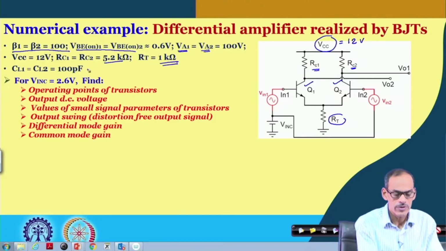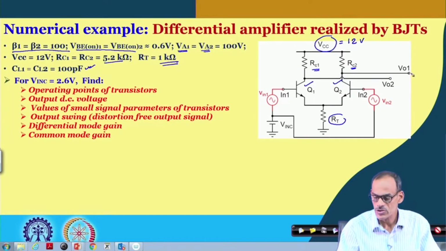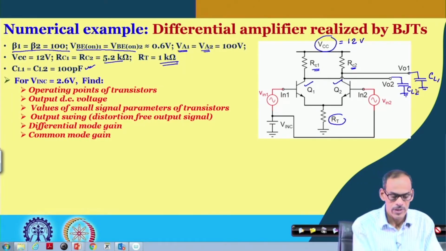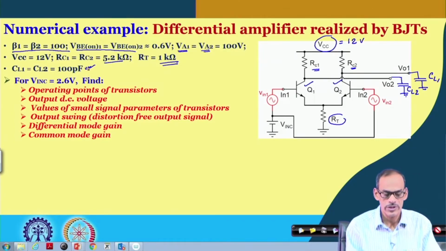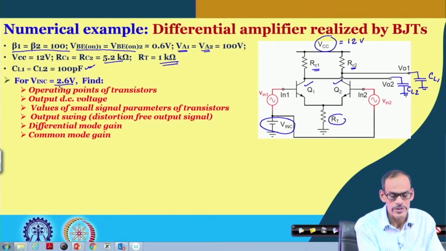Then the load capacitance. For this example it is not mandatory, but we may consider a high frequency signal also, and consider that the load is balanced, namely CL1 and CL2 are both equal to 100 picofarad. To start with, the DC voltage given to us is 2.6 volt.